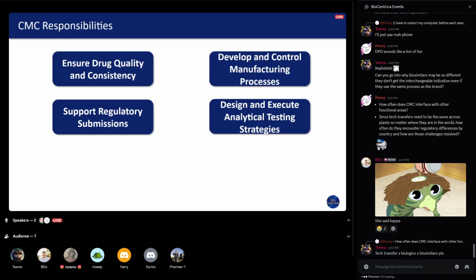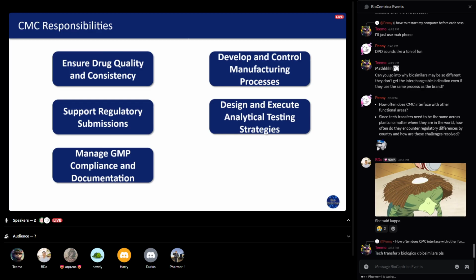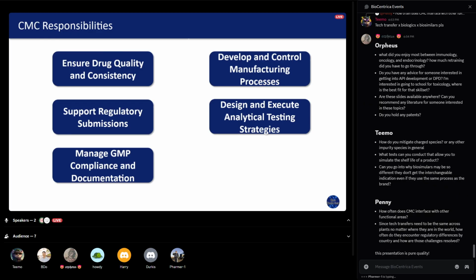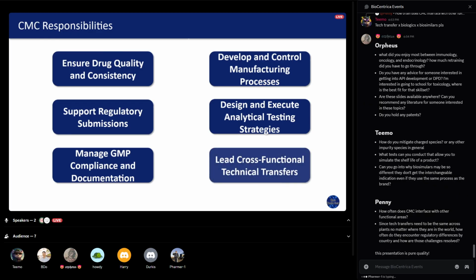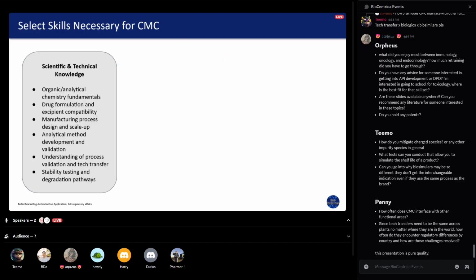They're obviously a little bit different, but they are protocols that they do have to adhere to. And then obviously your analytical team will be analyzing your samples. Managing GMP compliance and documentation, that's a lot of QA's role. And then leading these cross-functional technical transfers. So the tech transfers are a lot of the process team as well.